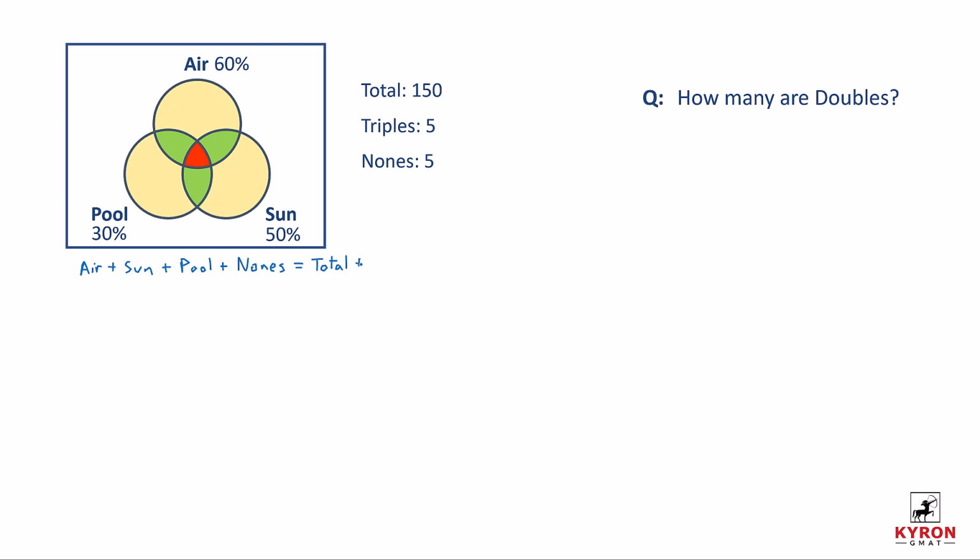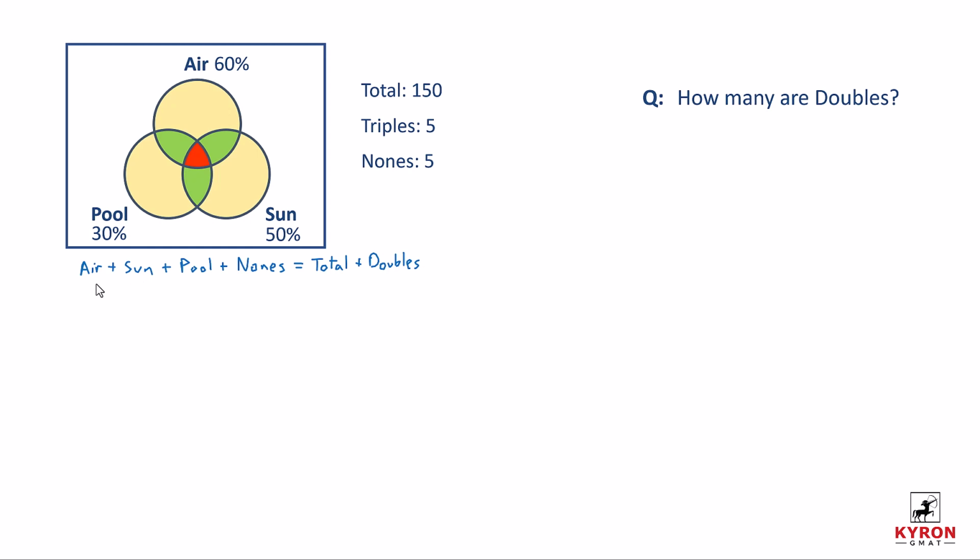Well, if the problem is that the total only features the doubles once, we can just add the doubles a second time to the right side of the equation. And now, both sides of the equation are going to feature the doubles twice. We can make the same kind of adjustment to take account of the triples. The triples are showing up 3 times on the left side of the equation, right?